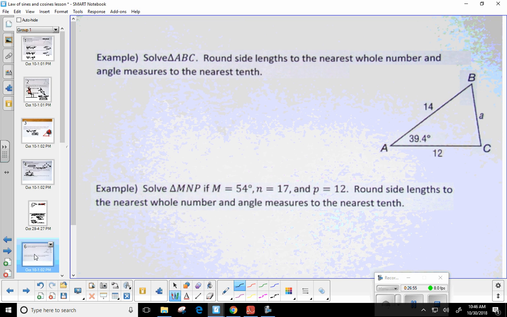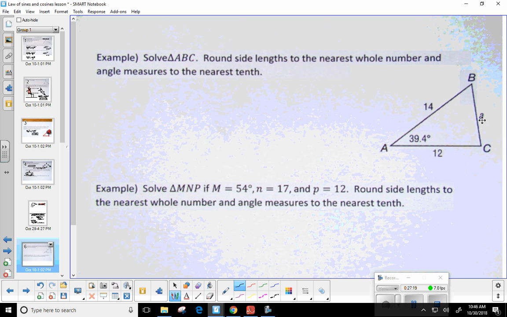So again, you want to be very careful. Always be thinking about what you're doing. If I were going to work this problem, I would probably start with A. Let's find a side length. Now, if I'm finding a side length, do I need the inverse? Only if I'm finding an angle measure do I need the inverse. Not if I'm looking for a side.